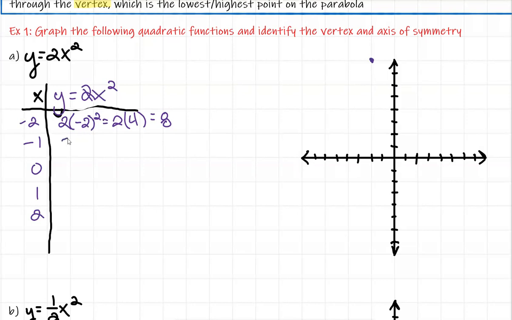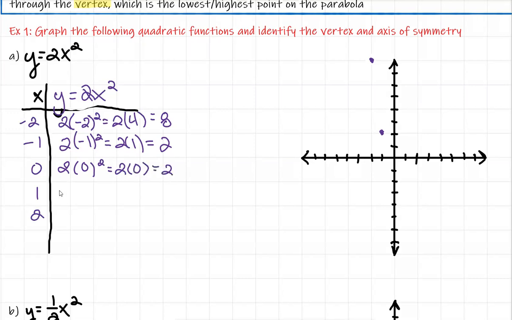Next one, 2 times -1 squared. -1 times -1 is +1, so 2 times 1 is 2. So at -1, my y value is 2. And then with 0, 2 times 0 squared is 2 times 0, which is 2.